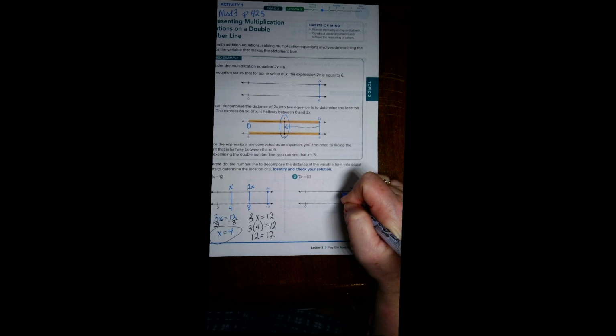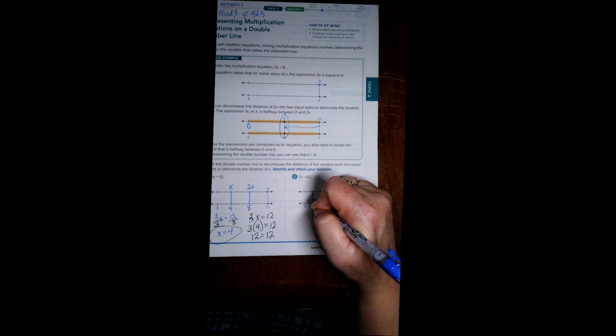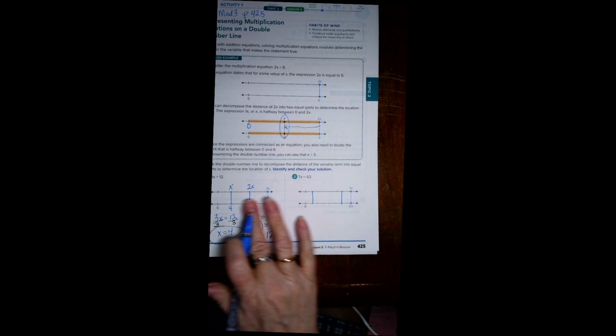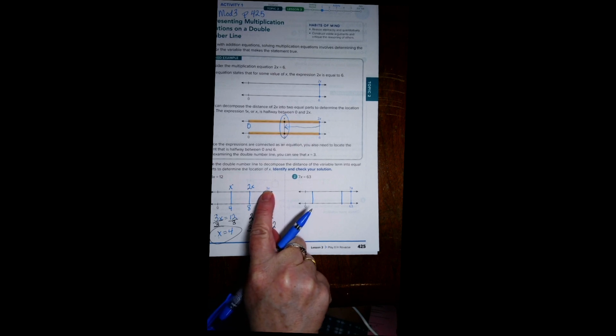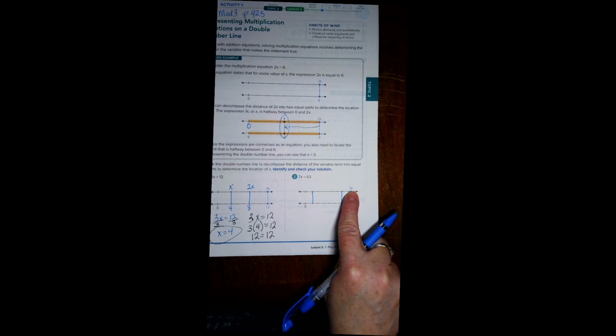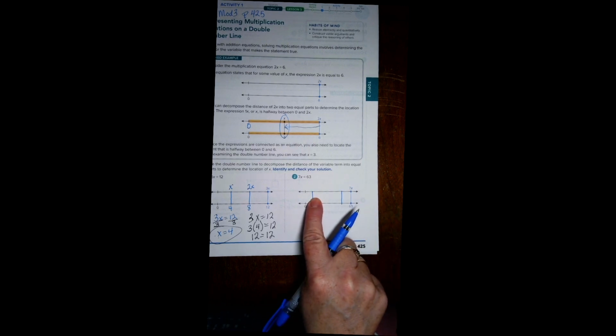So if I divided it into 7 equal parts, like that might be a bit hard to draw, right? And I'm not worried that you necessarily do that. If we can go from here, and we know that if we divide 3 by 3, we get to the x. What would we divide this into? How many parts to get to the x? We would divide it into 7 equal parts.